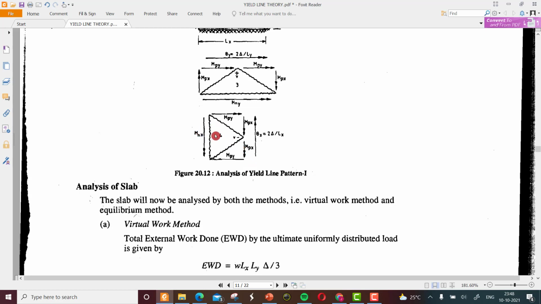And for the fourth segment, we have Mnx at the end or the support side, and the other things are Mpy and Mpy here, and Mpx at this side also.